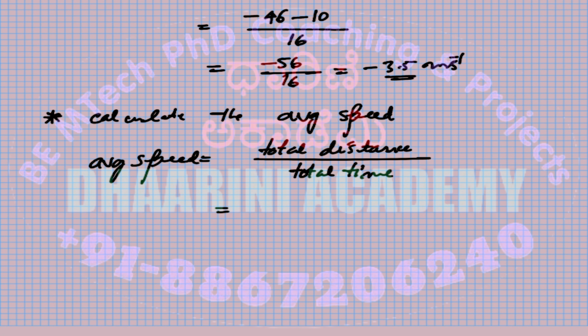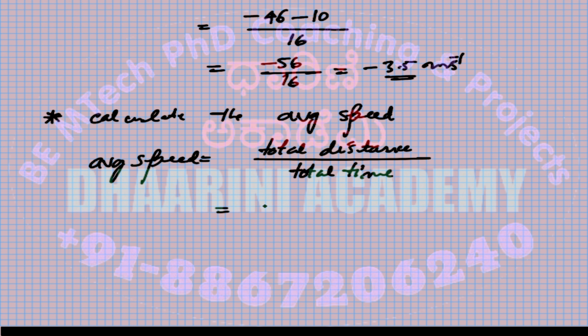So first 2 seconds it is 4, next 2 seconds also 4. Then it travels according to the displacement, it is minus 16, but for us it is plus 16. Distance wise it is plus 16 meters, that's all. Then the next few seconds it is going to travel minus 32, for us it is going to be plus 32. And last 2 seconds 16 meters. Whole divided by the total time is equal to 16 seconds.